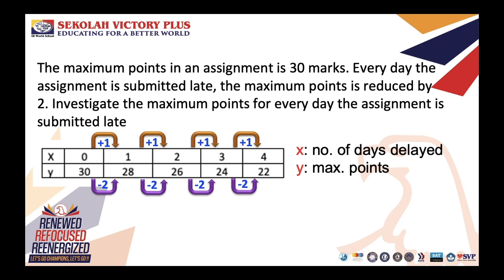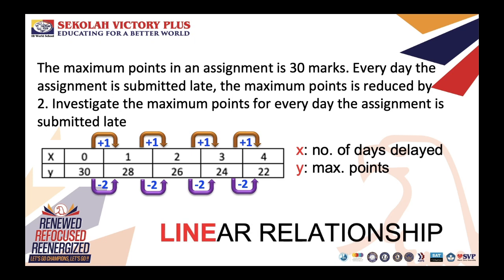In other words, a table of values which shows a constant change in the x resulting in a constant change in the y is an example of a linear relationship. And in the previous week, you were able to see that we can only come up with a line graph if the table of values shows these characteristics: a constant change in the x, as what you can see here, leading to a constant change in the y.